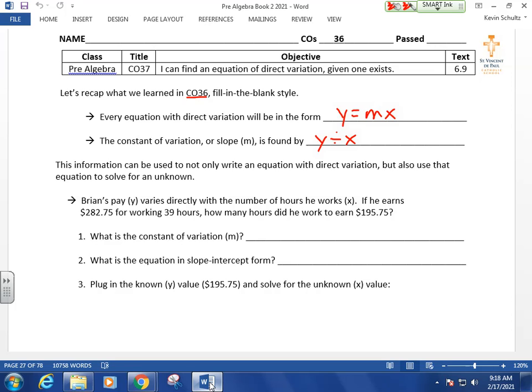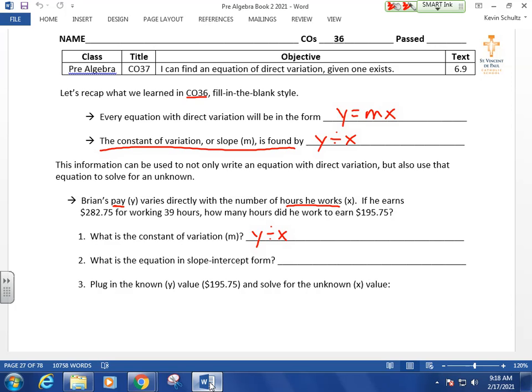Right? So for starters here, we're going to find that constant of variation. And if you're asking, well, how do I find the constant of variation? Right here. The constant of variation, or the slope, is found by taking y divided by x. And in this particular situation, y is his pay, x is the hours that he works.